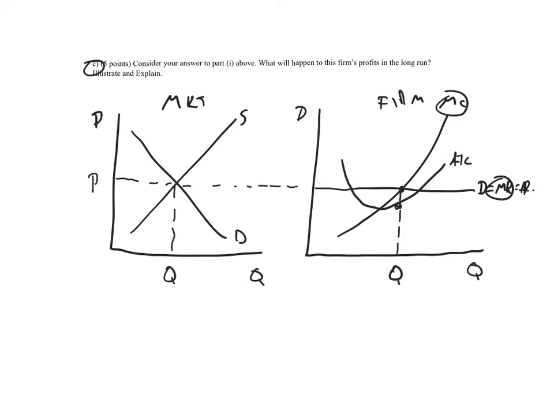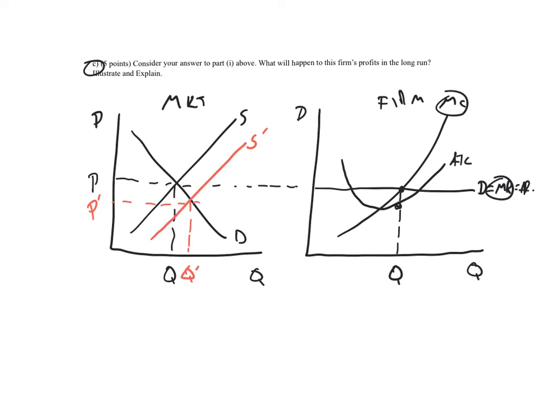Now, what's going to happen in the long run? If firms are earning profits, then those profits encourage new firms to enter the market. Those new firms entering the market are going to result in an increase in market supply. So the market quantity is going to increase, and the market price is going to decrease.